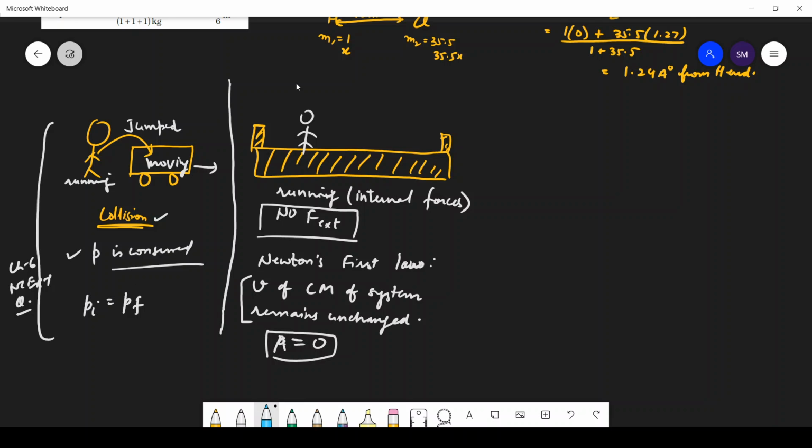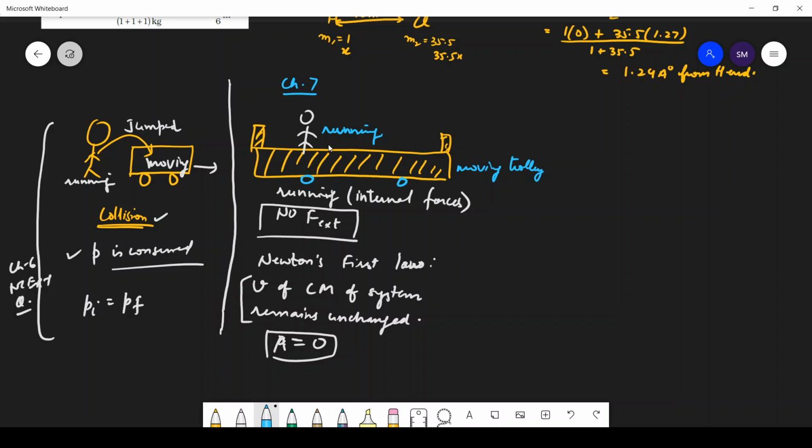But now in chapter 7, we are only discussing that this child is running here and there in the moving trolley.